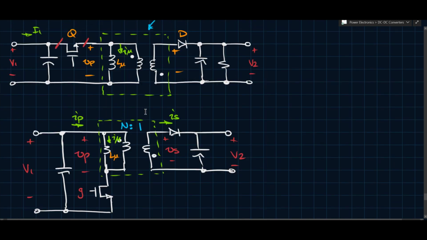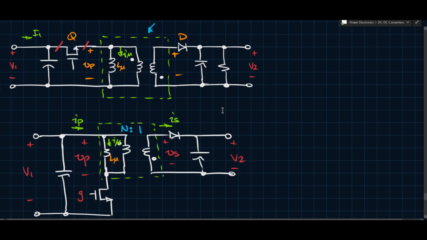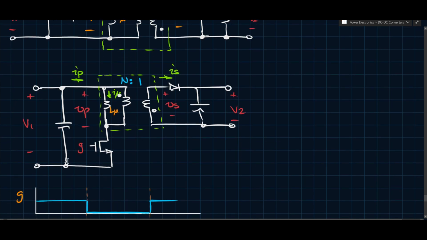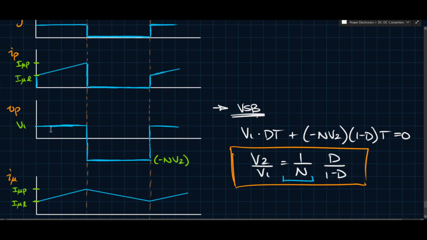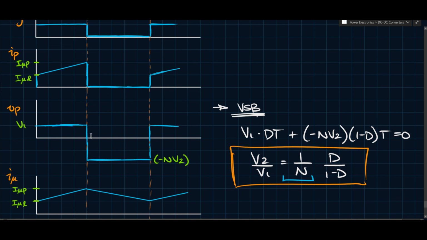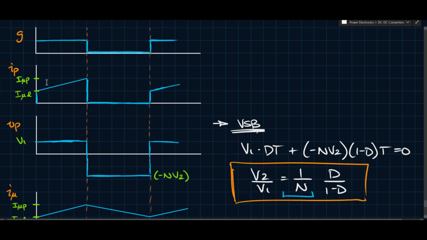So overall what we did was we established that this is a topology that is an isolated version of the buck boost converter. We slightly moved things around to find a more convenient way to implement the circuit, at least as far as the gate drive is concerned. We stepped through some of these waveforms to figure out what the behavior of the overall circuit was like, and again, it's very reminiscent of the non-isolated buck boost converter.